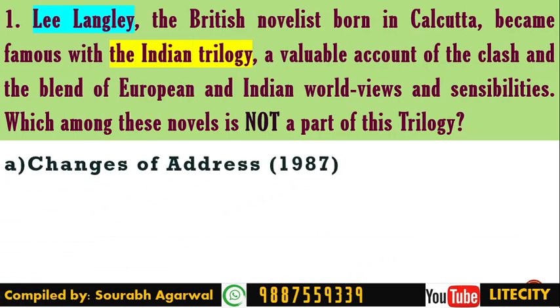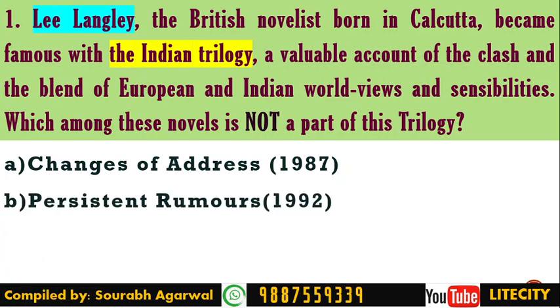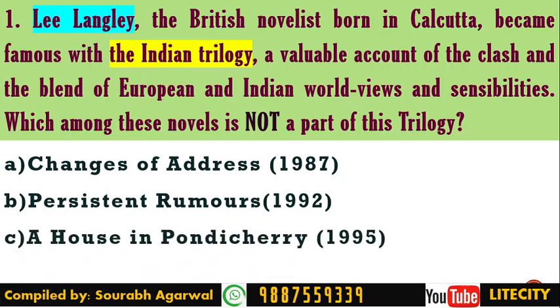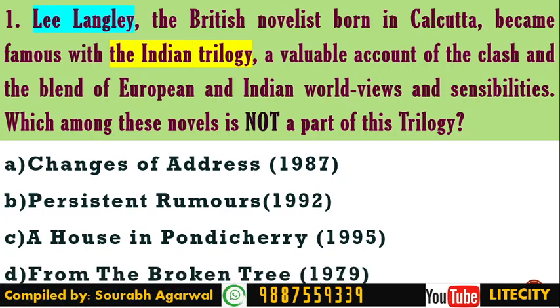Our options are Changes of Address, published in 1987, Persistent Rumors, published in 1992, A House in Pondicherry, published in 1995, and the last one is From the Broken Tree, which was published back in 1979.